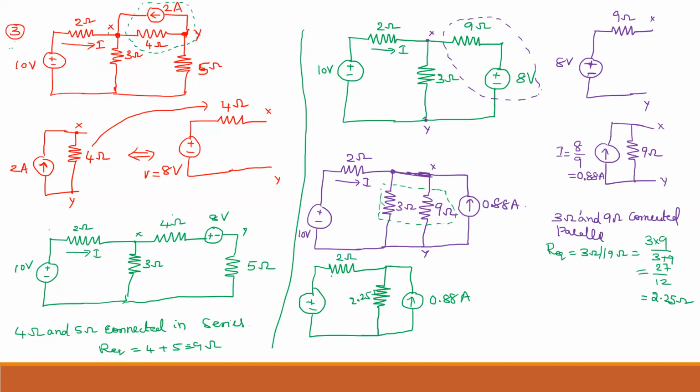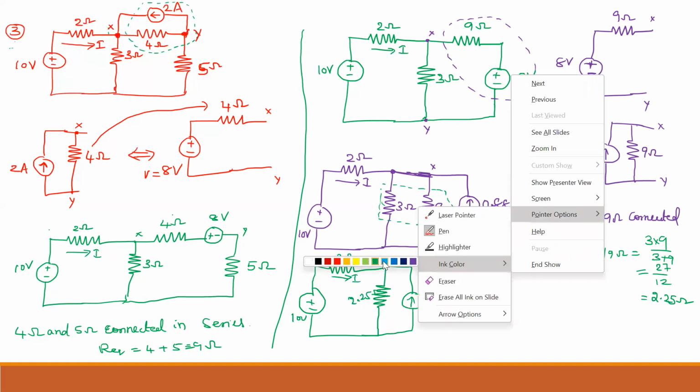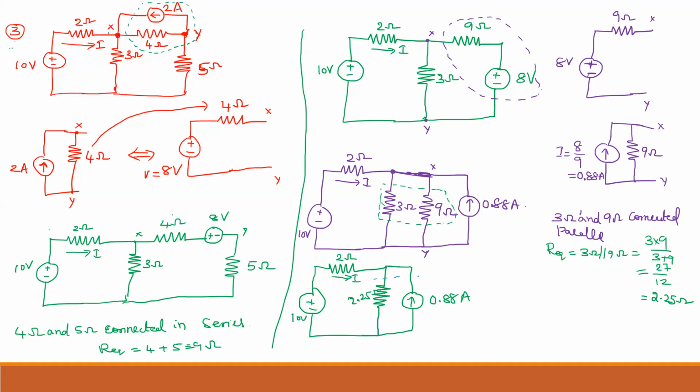And you should not disturb this 2 ohm resistor branch, and this is 10 volt. Now if I want to find the current flowing through here, I have to simplify this circuit again. So 0.88 ampere with the 2.25 parallel combination, again I have to simplify. So what I have to do here, I'm going to draw one dotted line. This is the next step, to simplify this.